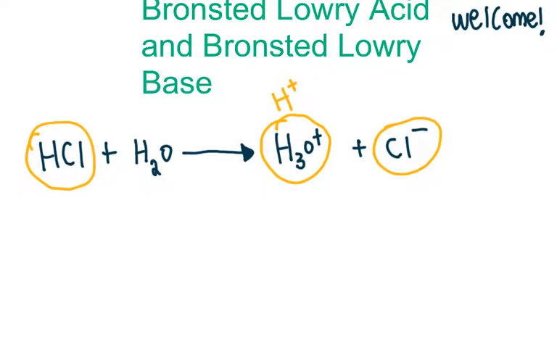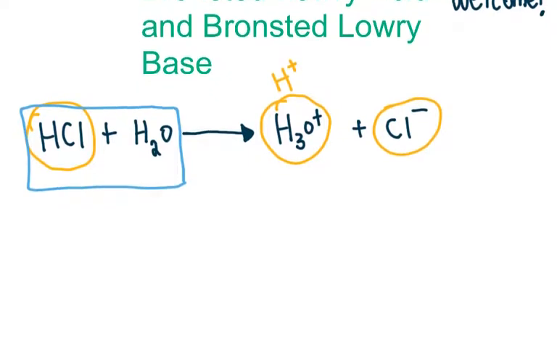If we're talking about Bronsted Lowry anything, then we're talking about the reactant side. As soon as you see Bronsted Lowry, it's the reactant side. On the product side, in a future video, we're going to be working with a conjugate acid or a conjugate base. So when you hear conjugate acid or conjugate base, it's the product side. But we know we're working with the reactant side here.